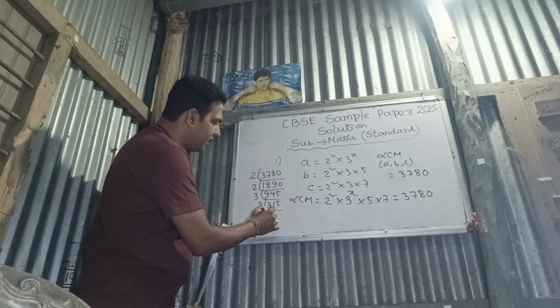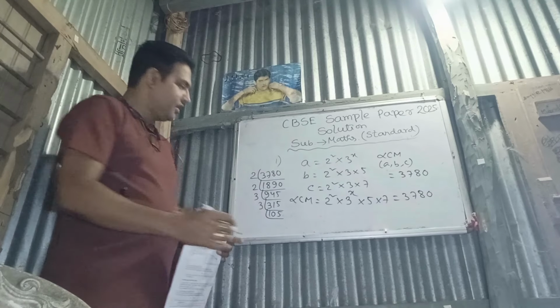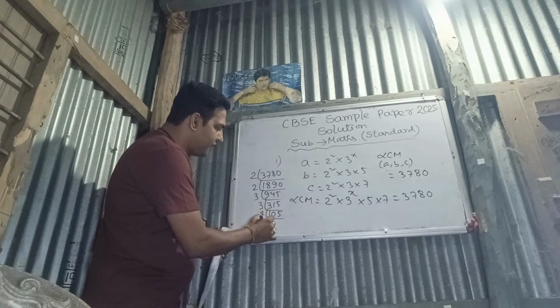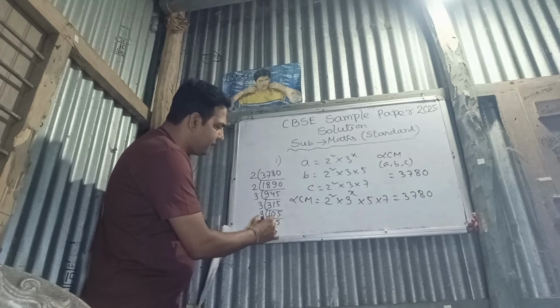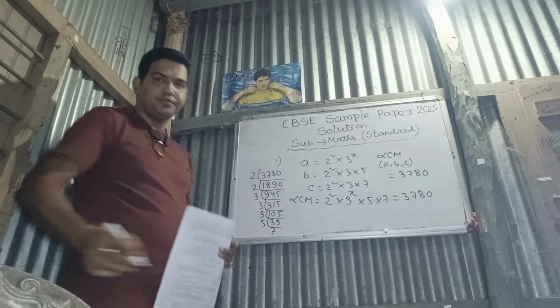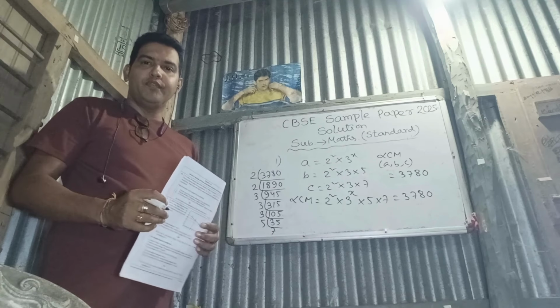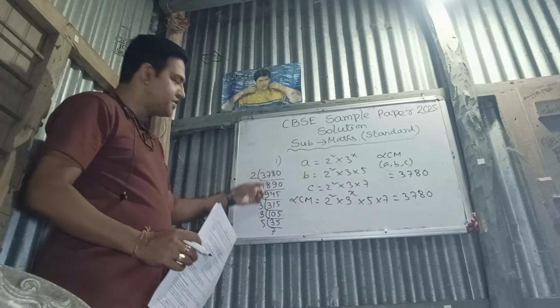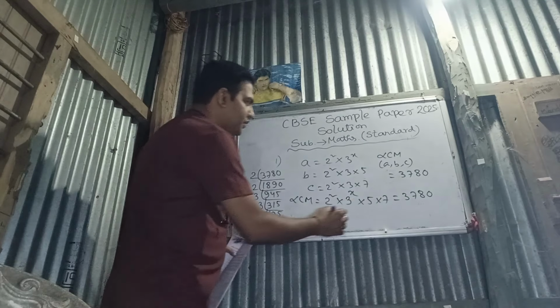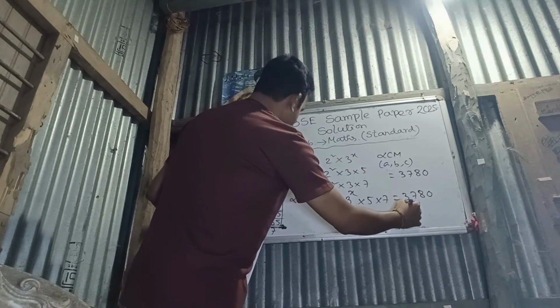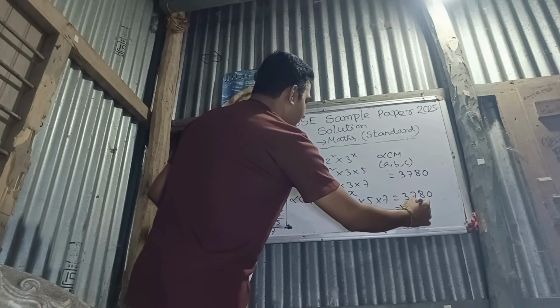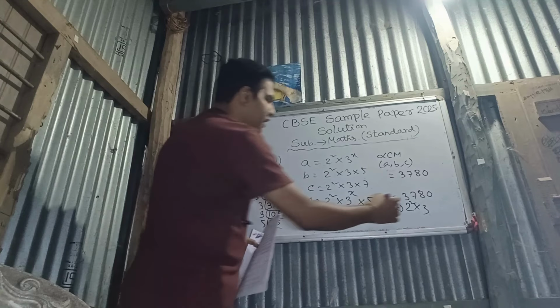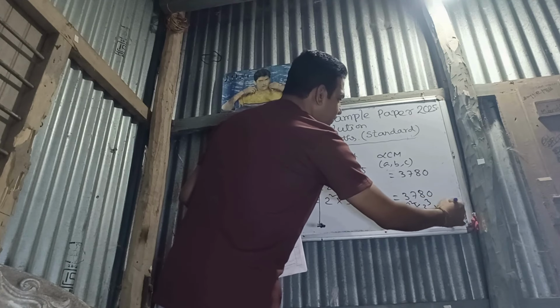Again by 3. It becomes 105. Again it is divisible by 3. So it becomes 35. 5 7. So we have found the prime factorization of 3780. So this becomes 2 square into 3 to the power 3 into 5 into 7.